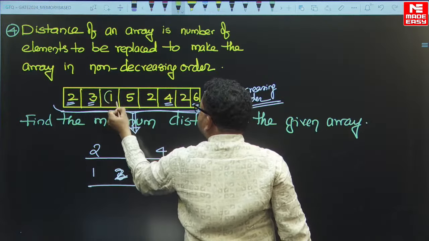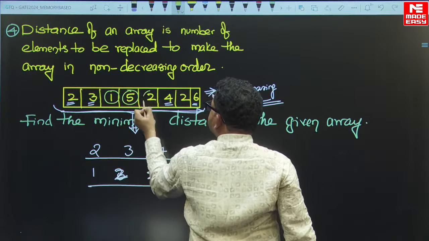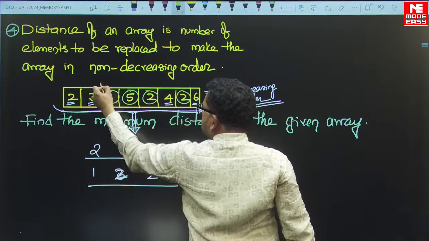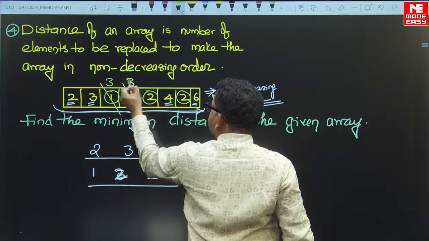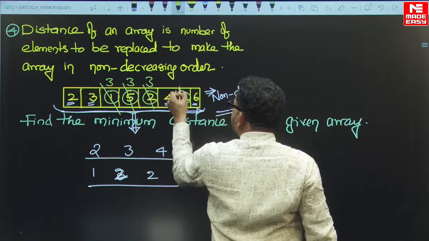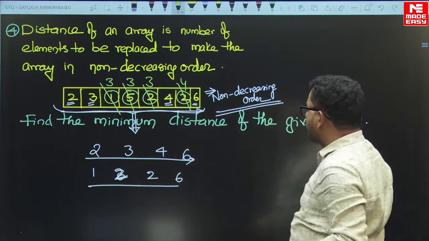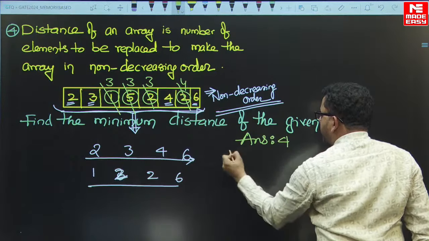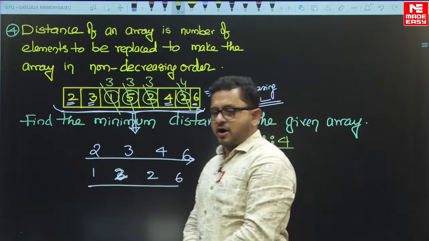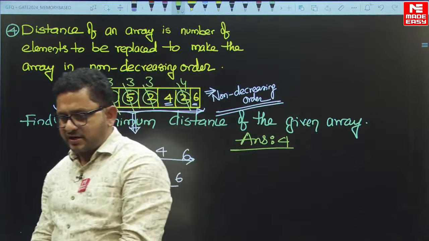The remaining 4 elements are replaced to fit the sequence order. Replace this by 3, this by 3, this by 3, and this by 4. So the answer to this question is 4: the minimum number of elements that has to be replaced to become non-decreasing order. That is called the distance of the array.